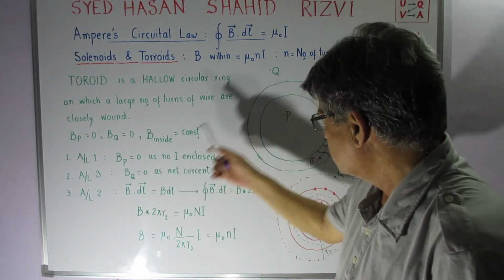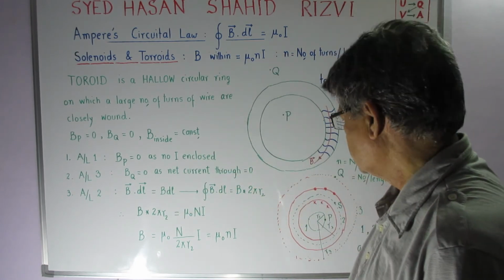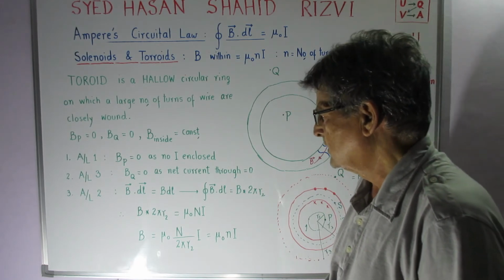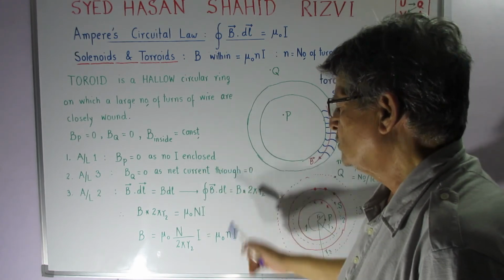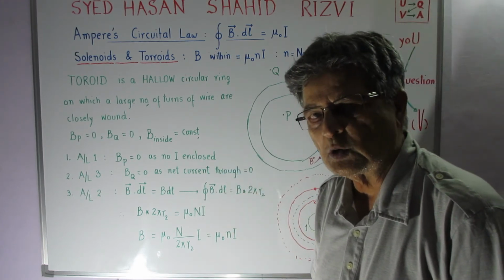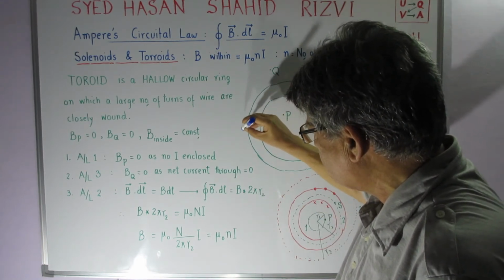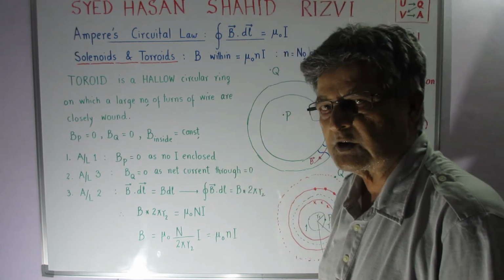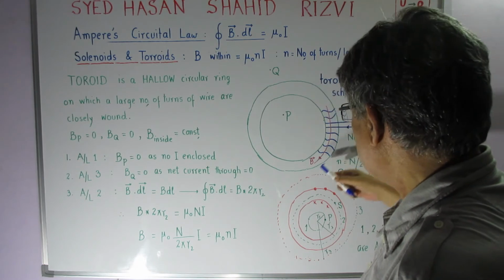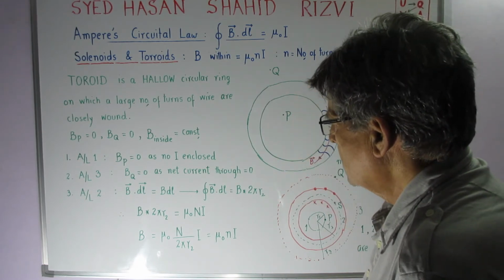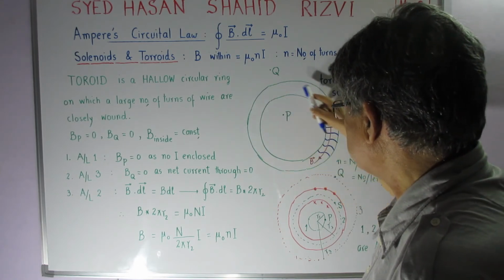In this other case, when I have an Amperian loop like the one I have shown over here, I'll just come back to this diagram, the net current through it is equal to 0, because as many times as the current goes in one direction, the same number of times the current comes out of it, and therefore there shall not be any field outside of the toroid. Inside of the toroid, the field is considered constant.